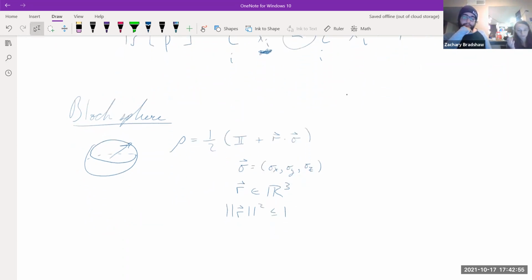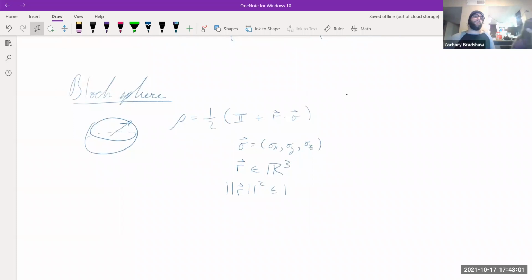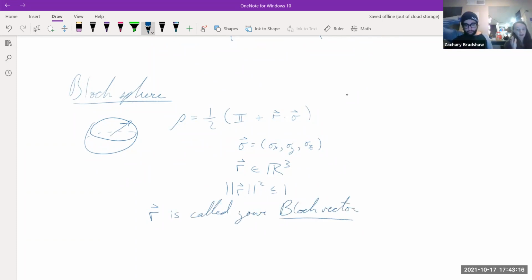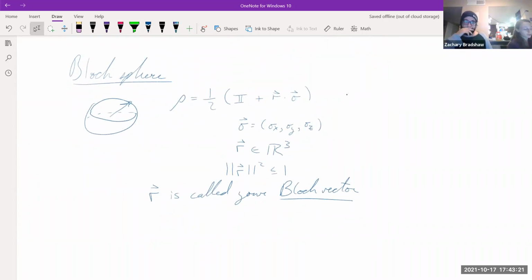As you would hope, because that will preserve our trace equal to 1. So r then is called your Bloch vector. And your Bloch vector now tells you where in the Bloch sphere your density matrix is.